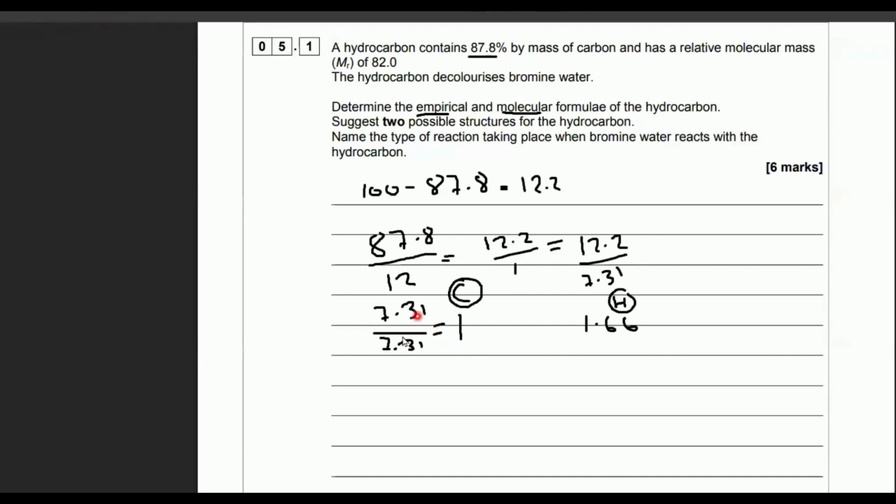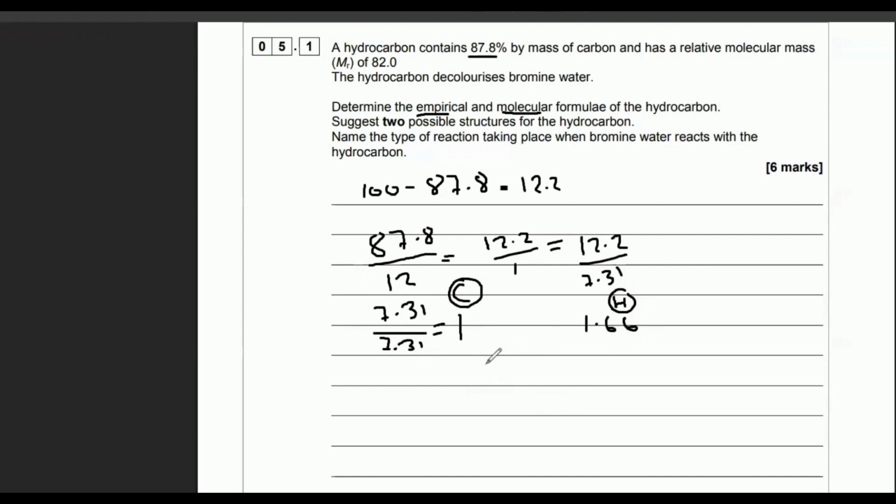So now that we've worked out that 7.31 divided by 7.31 is 1 and 12.2 divided by 7.31 is 1.66, we need to times them by a whole number to get both to whole numbers, because 1.66 just won't do. We want to get it close to a whole number. If I times by 2, I'm going to get 2 there, and I'm going to get about 3.3. 3.3 is not good enough.